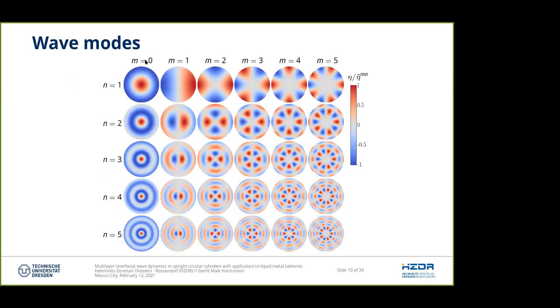So for m equal to 0, we have axisymmetric waves, while the m equal to 1 and n equal to 1 wave, this one here, is the most important wave related to the metal pad instability. This is a large-scale wave which is usually most unstable and most dangerous for producing short circuits.